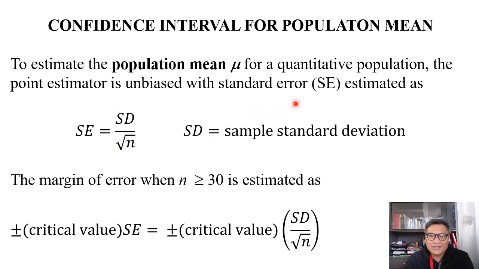So the standard error, class, is not an error. This is just a term that we use in statistics that describes the deviations of the different means from one another. So in other words, if you take a sample, you solve for the mean, record that one, then you take another sample, then you solve for the mean, then you record that one.